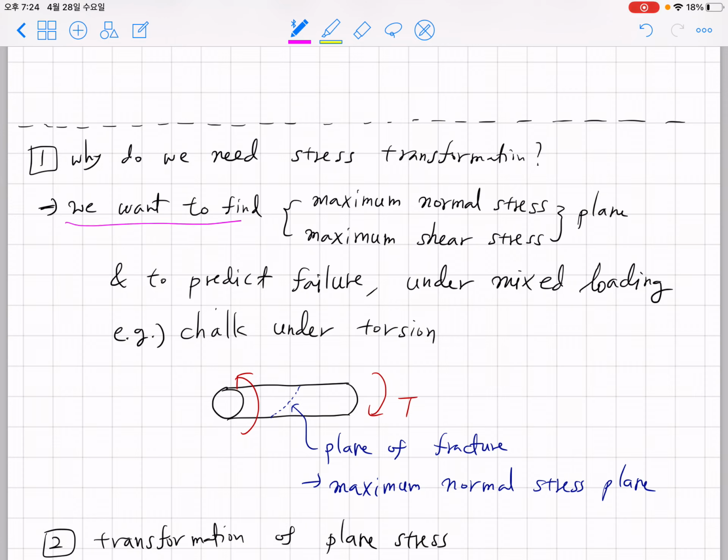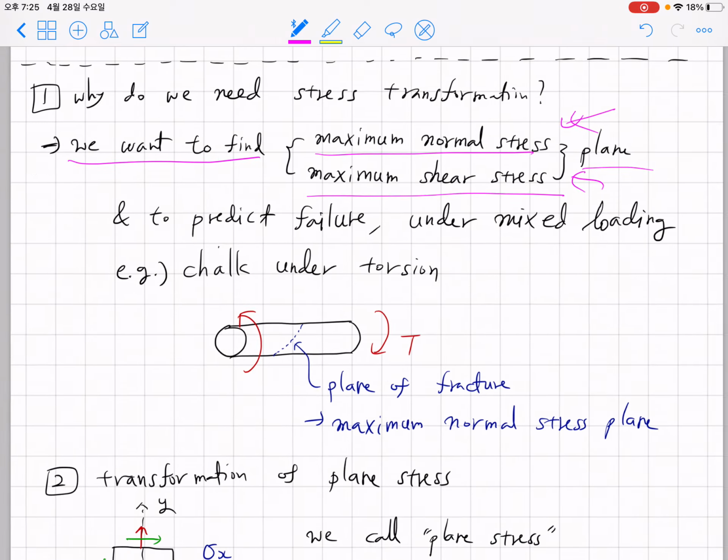After predicting the plane with the maximum normal stress and the plane with the maximum shear stress, we can also predict the maximum normal stress and maximum shear stress, and by comparing these with material properties, normal strength and shear strength, we can predict the failure, and when predicting the failure, we can also predict at which plane the failure would occur.